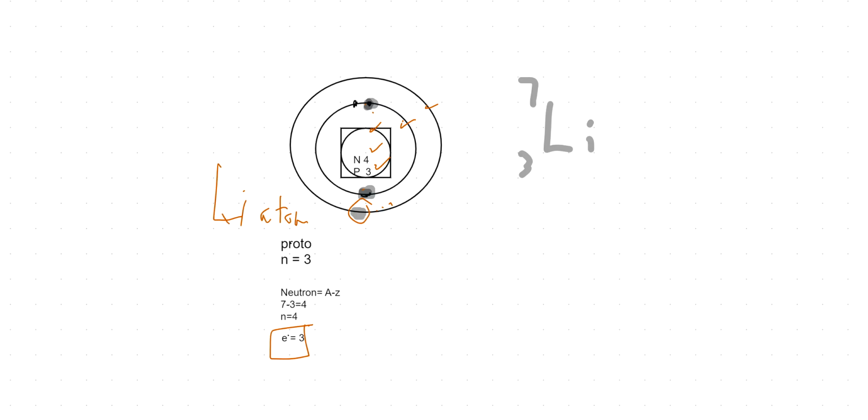This is the lithium atom. I want now to draw the lithium ion and to tell me why. What happened?